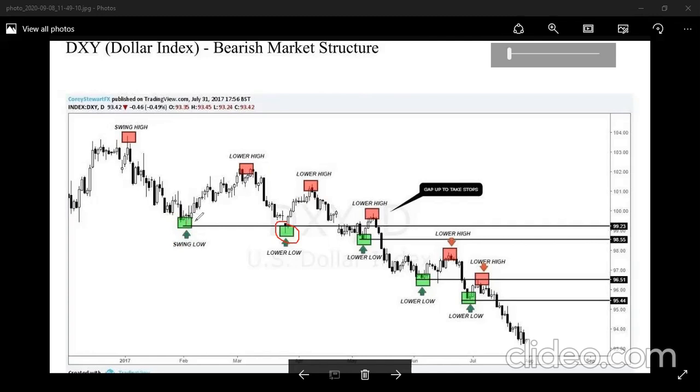Because there's a line here. Yeah, that line. Since the body didn't touch the line, it's not considered a BMS.